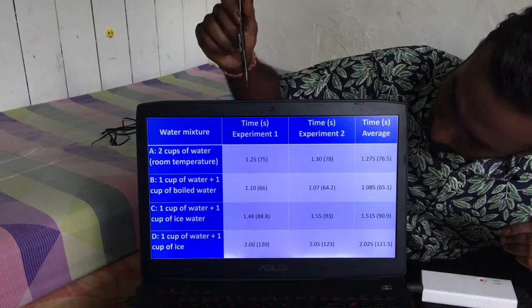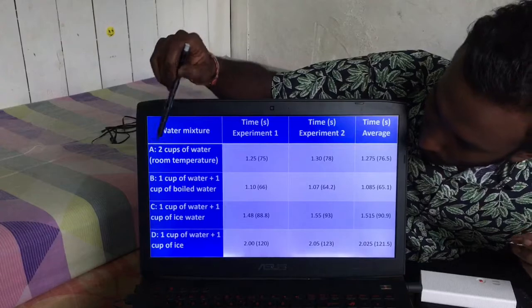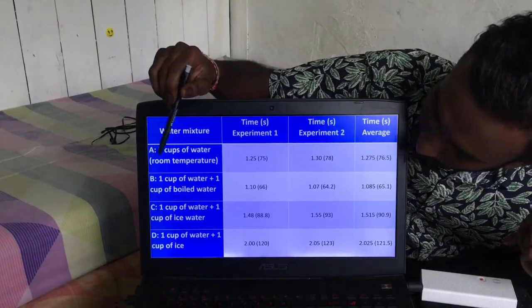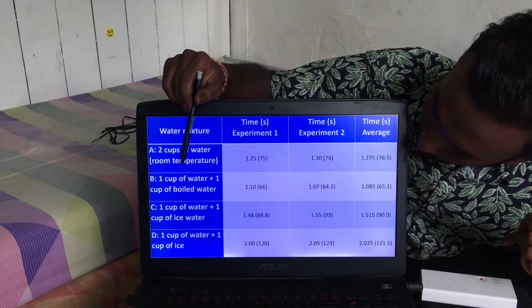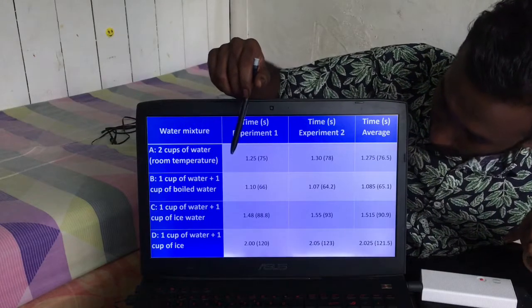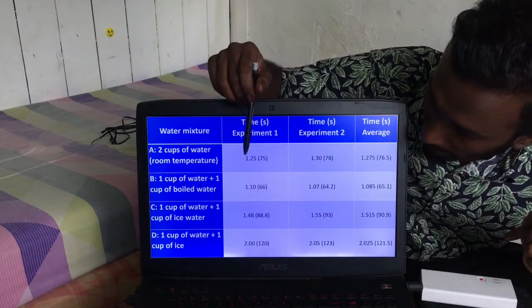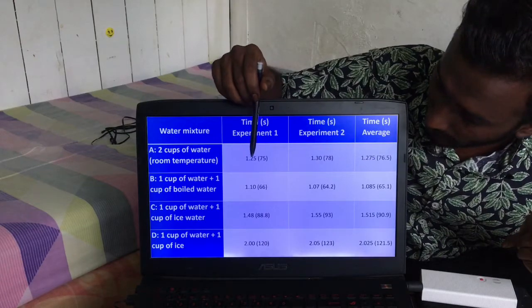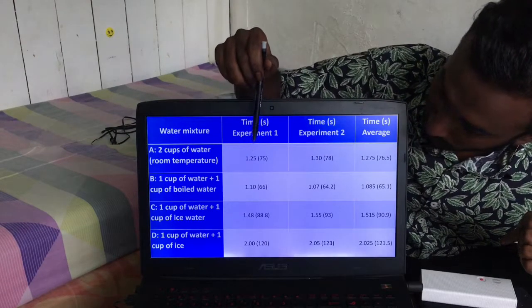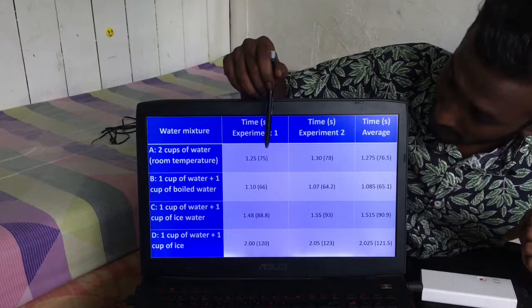For type A, we use 2 cups of water at room temperature. For the first trial, we got 1 minute and 25 seconds. If we change that to seconds, it will be 75 seconds.